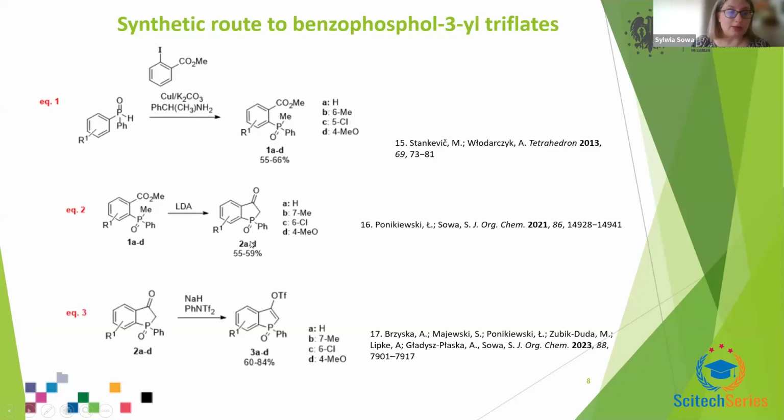This ketone was subjected to the reaction with sodium hydride, which provides the enolate, which is then esterified in the presence of triflic agents, providing the triflates. All the processes were successful, and we obtained the substituted and unsubstituted triflates with good yields.